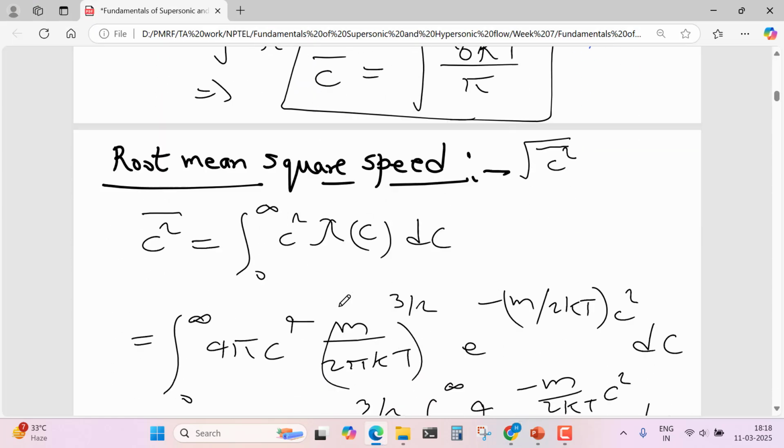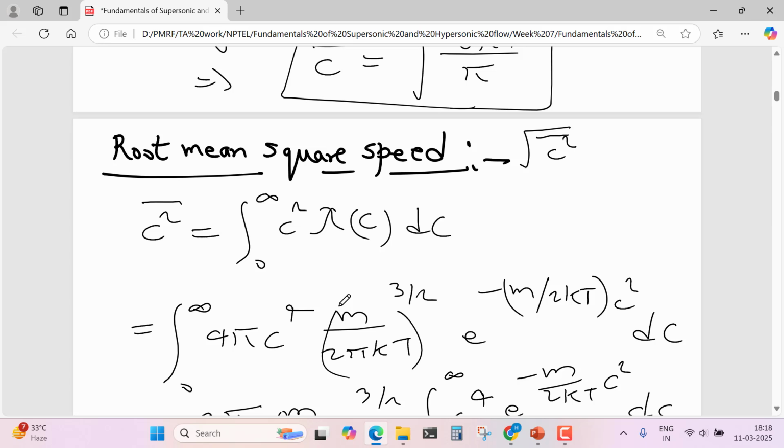If no, then I will derive the expression for root mean square speed using this Maxwell distribution. The root mean square velocity is given by the root of the average of the square of velocity. So first we will find the average of the square of velocity or speed, which is given by integration 0 to infinity c square chi c dc.